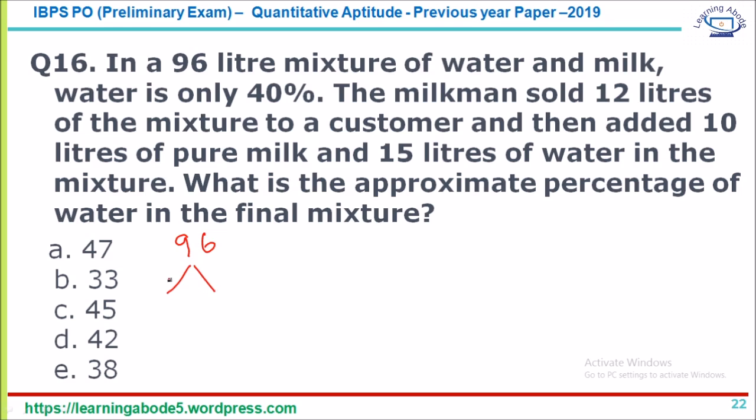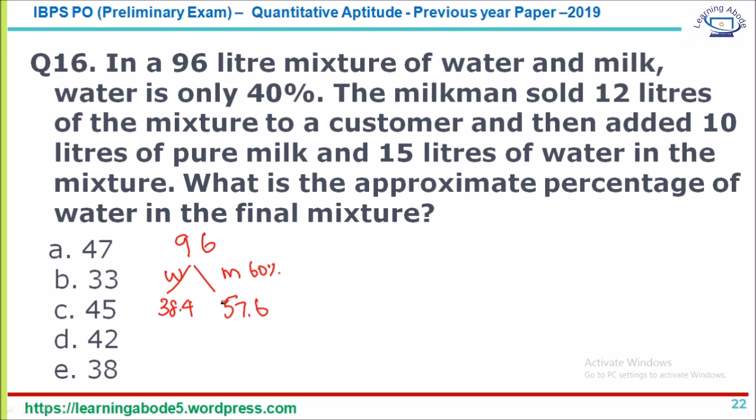Now in that, water is 40%, which is 38.4, and the milk is 60%, which is 57.6. So this is the original proportion.